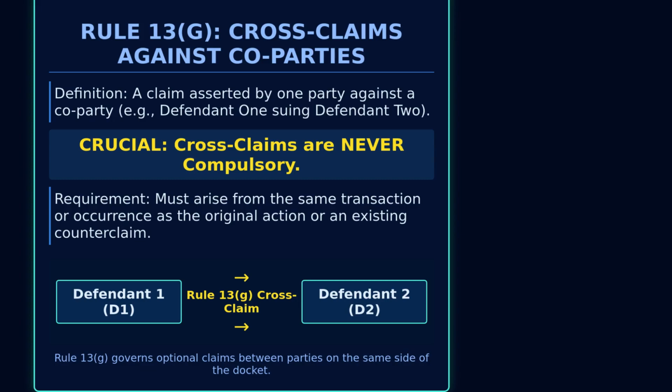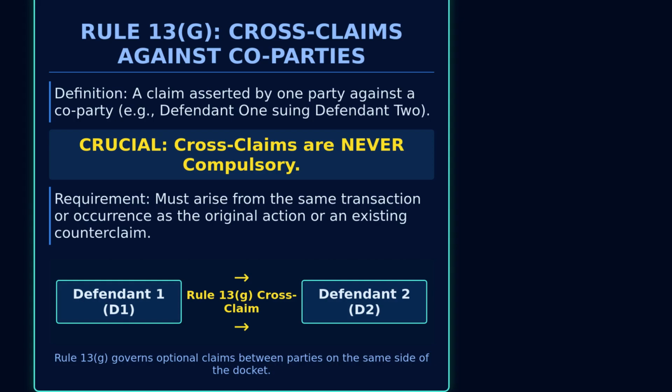Having fully explored the mandatory nature and severe consequences of compulsory counterclaims under Rule 13a, we now pivot to a different relationship governed by Rule 13, the cross-claim, found in Rule 13g. A cross-claim is fundamentally different because it is asserted by one party against a co-party.